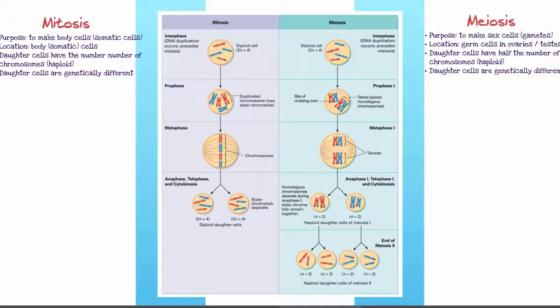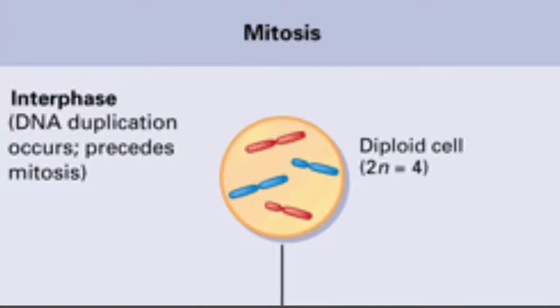So the first thing we're going to look at is mitosis, the type of cell division that just makes more regular body cells. We've got a cell here in this example that has 4 chromosomes. Now in a normal human cell you would have 46 chromosomes. Another way we can express it is to say there are 23 pairs.